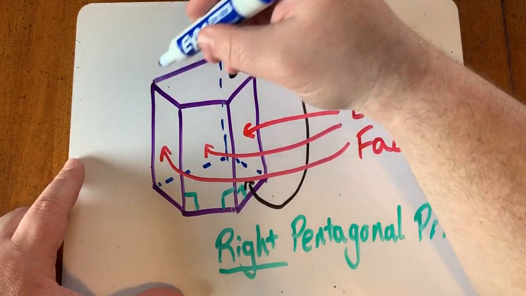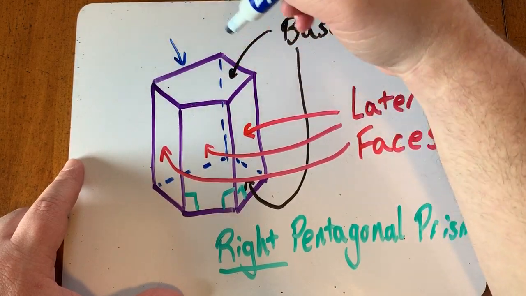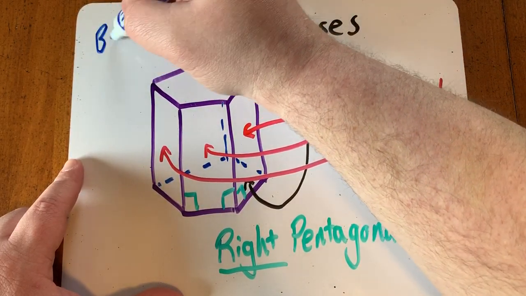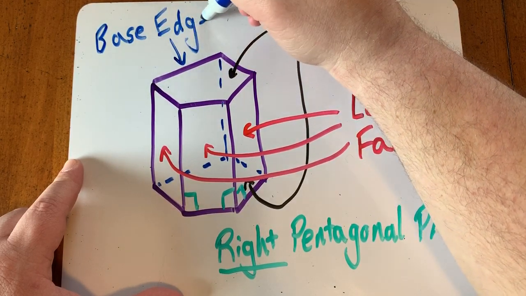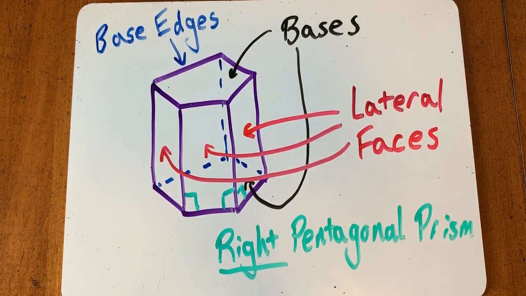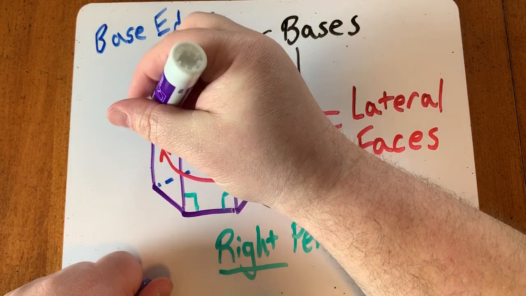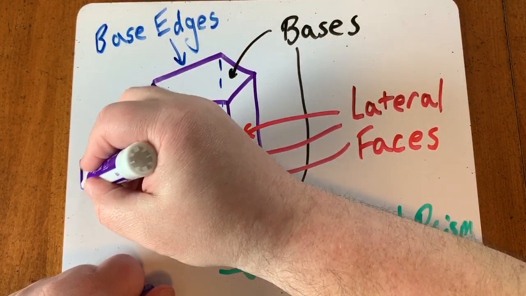Now, the edges that form the base are appropriately called base edges. And the edges that connect the lateral faces are called lateral edges.